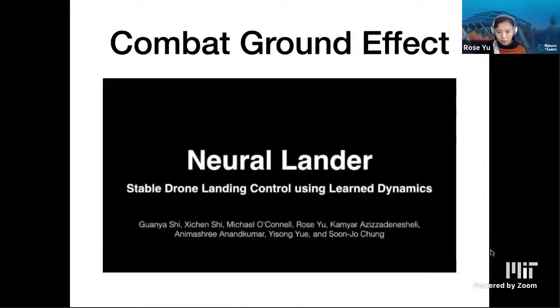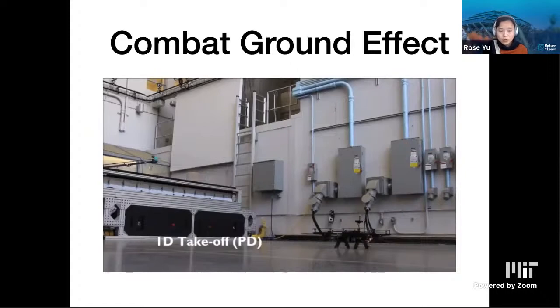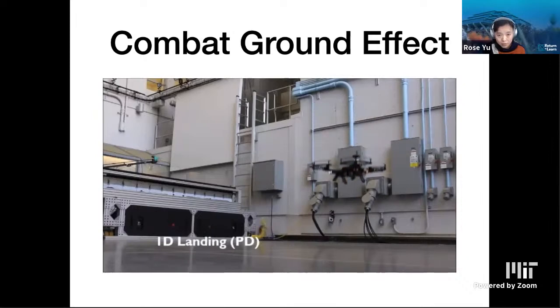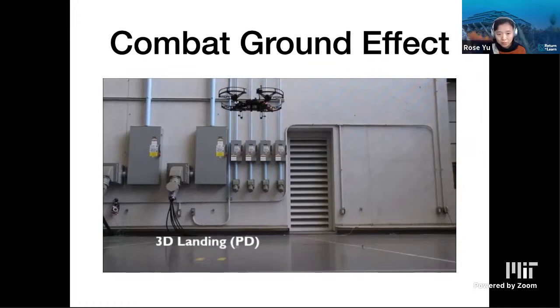So let me show you the results of this method. Neural Lander is our method, and this is the baseline called PD control, which is a commonly used method in the control community for controlling the drone. You can see that during the 1D landing or the 3D landing case, because of the unknown disturbance force, the drone cannot land on the floor accurately because it has to be very safe.